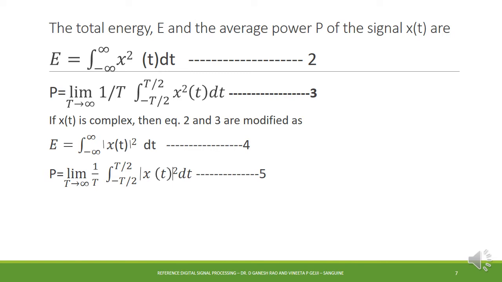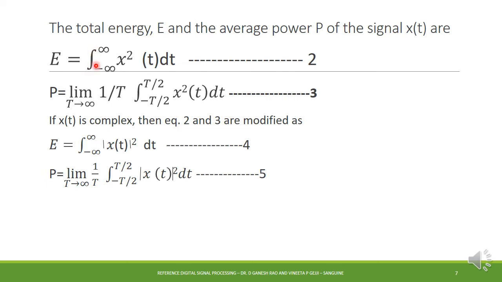So in this equation, total energy you are finding. Why have they taken minus infinity to plus infinity? Why do we have to take the integration sign? Because integration is nothing but summation.